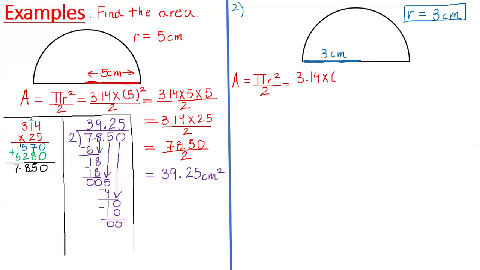The radius is 3. So it's gonna be 3 all over 2, so it's 3 squared. That's gonna be equal to 3.14 multiplied by what is 3 squared?